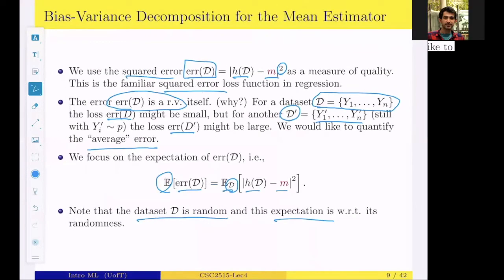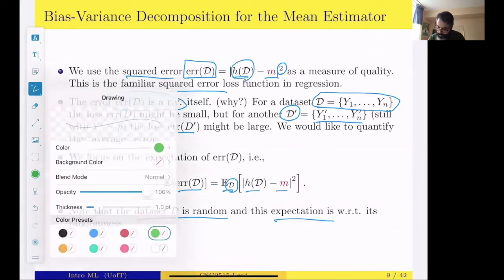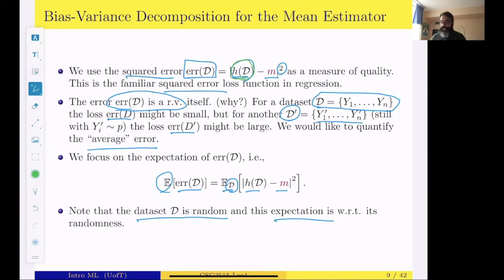Excuse me, do you mind saying why it is a random variable? Is it a function of the h function? It's a function of h of D, and D is the input, and on different D's we will get different h of D's, and so different error rates.